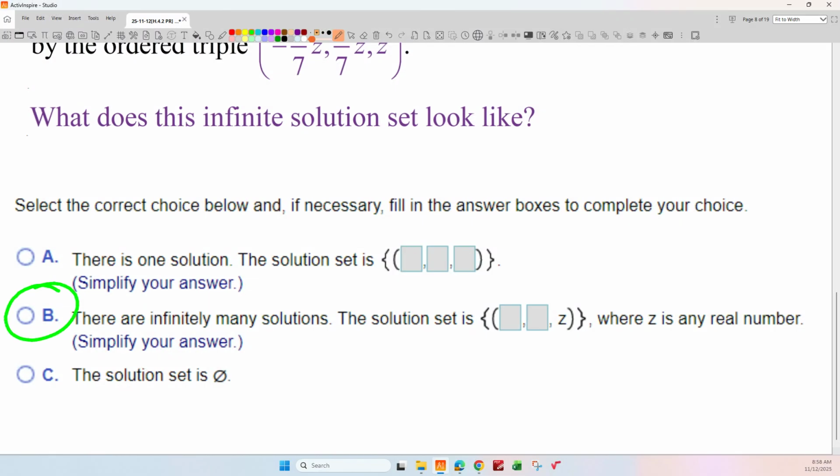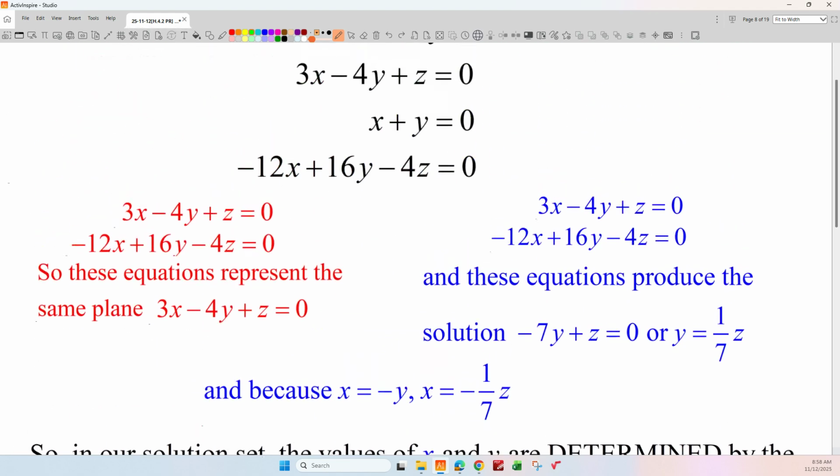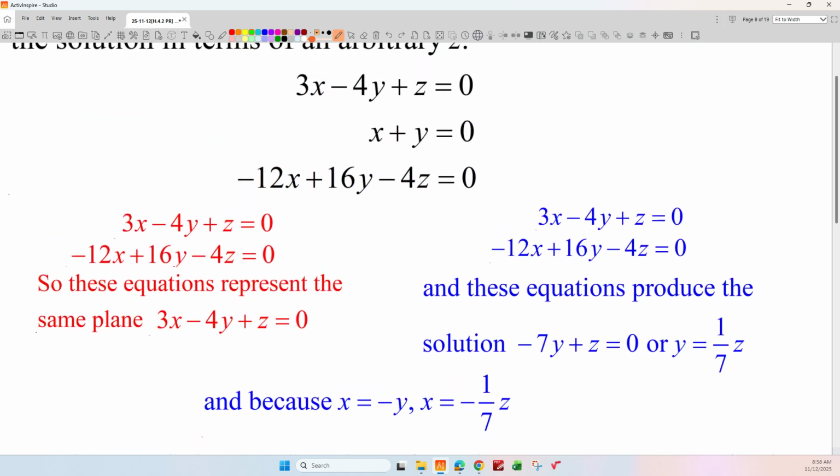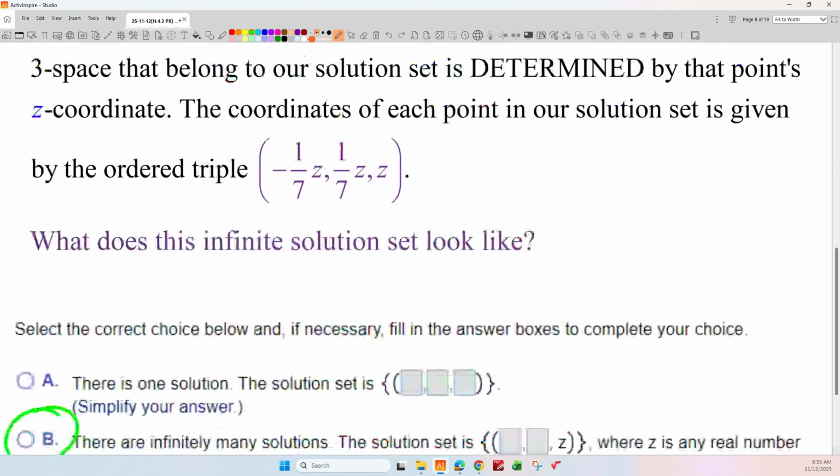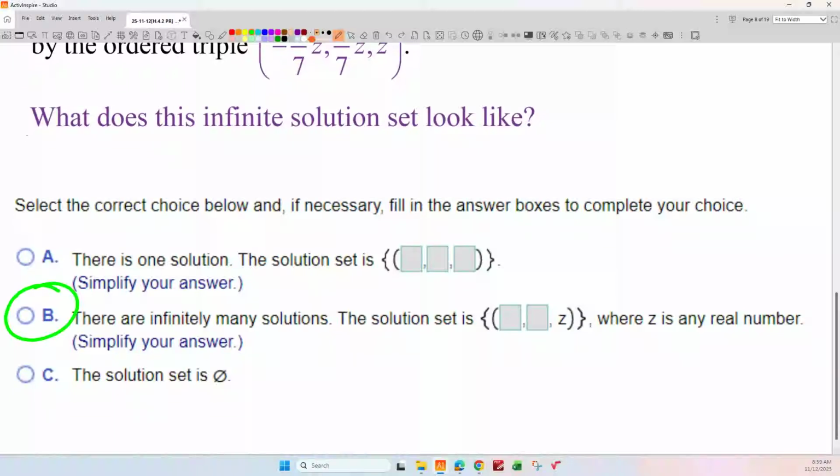And how would I fill this in? If z is arbitrary, what would go in these two boxes? Yeah, negative 1/7 z and 1/7 z, right? X is negative 1/7 z, so it would look like this, just like we had before.